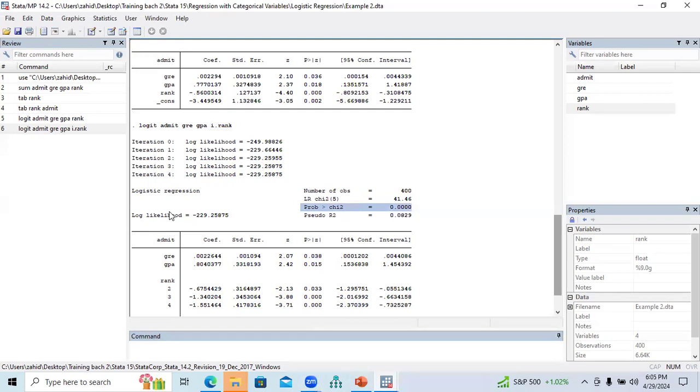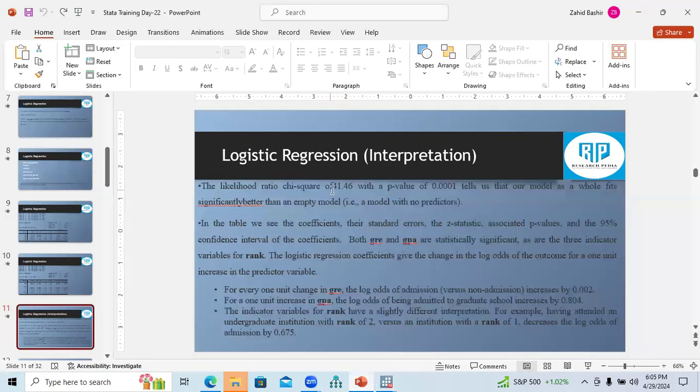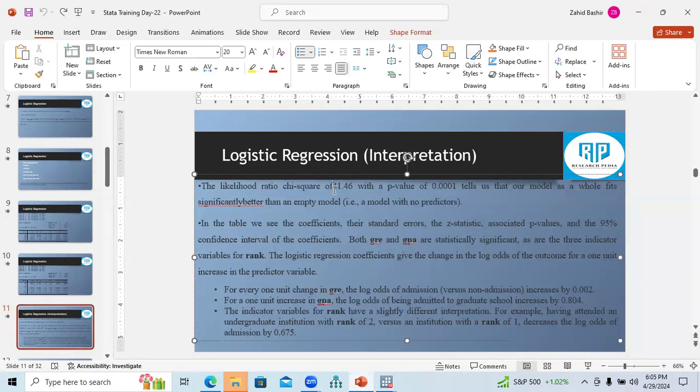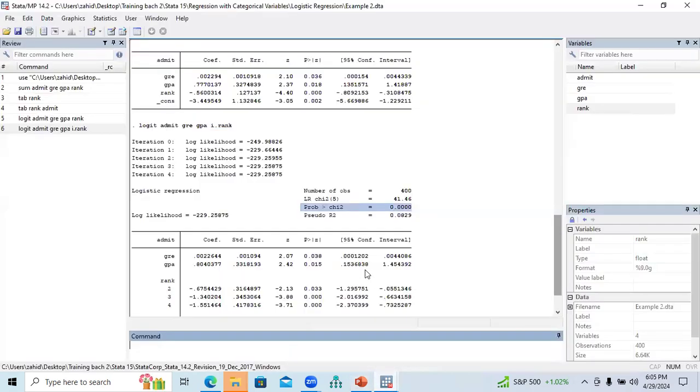So this is the interpretation of the log likelihood value. It is the chi-square 41.46. This chi-square is significant at less than 5%.